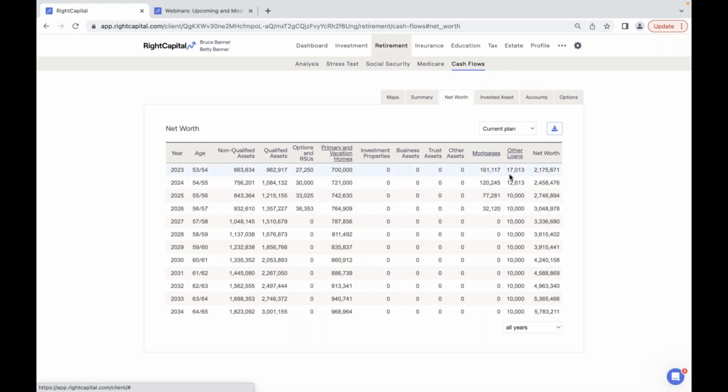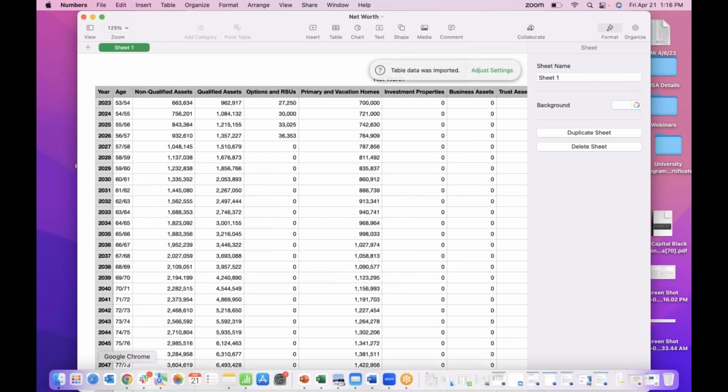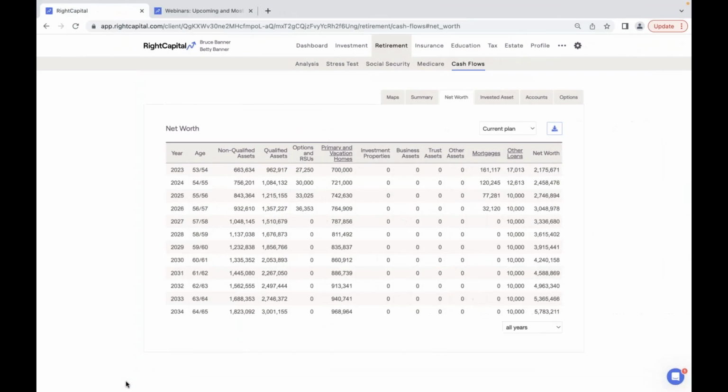So this will help us see all the breakdowns of information that are important to us. And any of these areas can be quickly exported to a CSV file really easily there within the plan as well. So just keep that in mind.